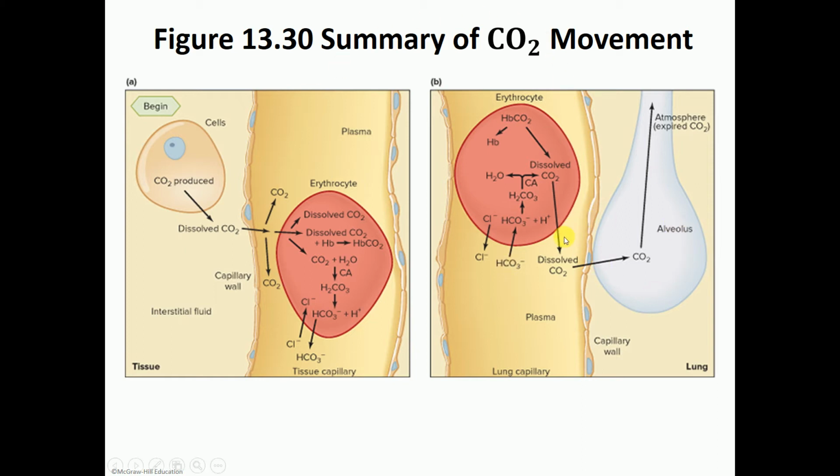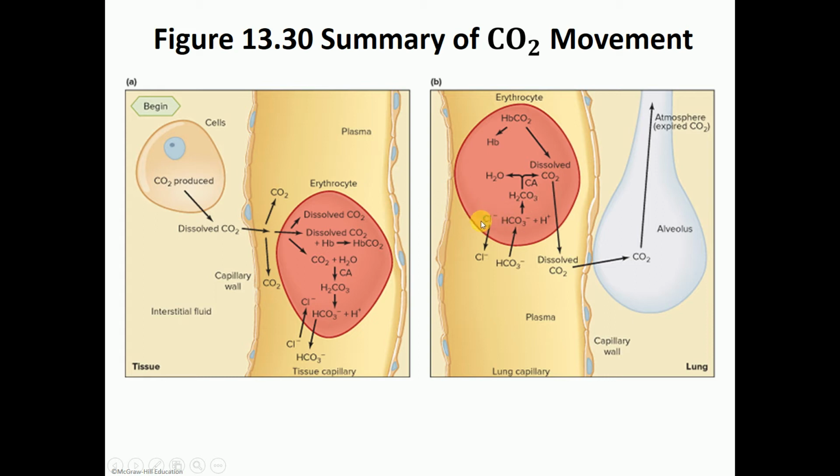At the alveolus, the opposite is going to happen. So again, dissolved carbon dioxide is what we need in order for carbon dioxide to diffuse out into the alveolus and then be exhaled. And the carbon dioxide that is attached to hemoglobin would have to detach. And everything in this reaction is going to go in reverse.